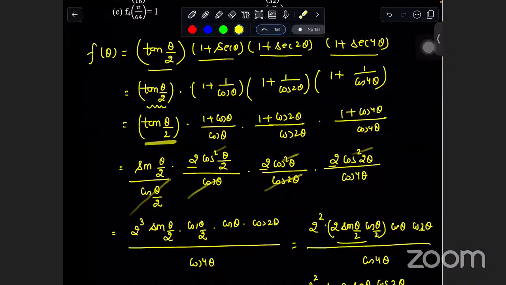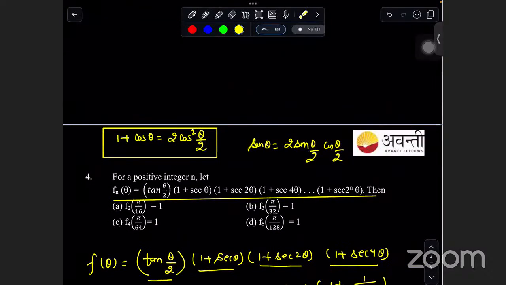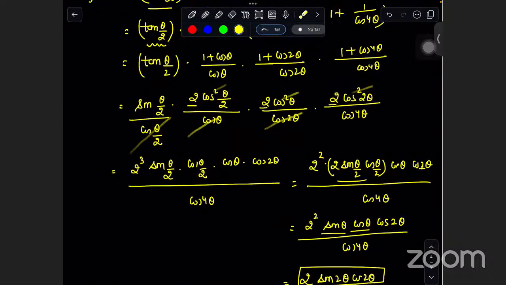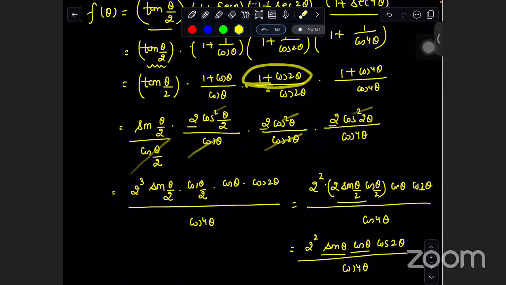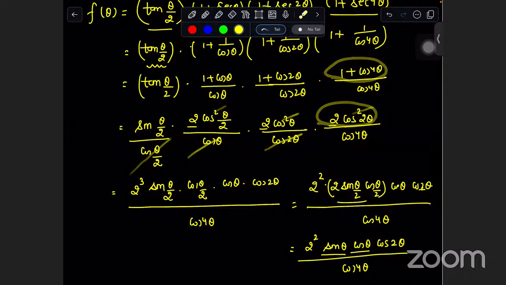Now, this tan(theta/2) is sin(theta/2) upon cos(theta/2). This 1 plus cos theta is 2 cos squared (theta/2) upon cos theta. I have used this simple formula. Got it? Now, 1 plus cos 2 theta will be 2 cos squared theta, and 1 plus cos 4 theta will be 2 cos squared 2 theta.